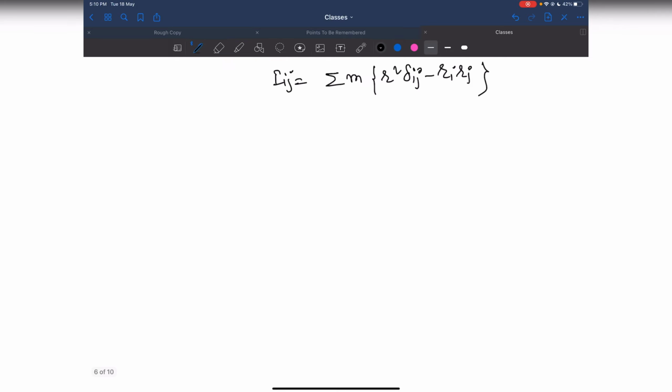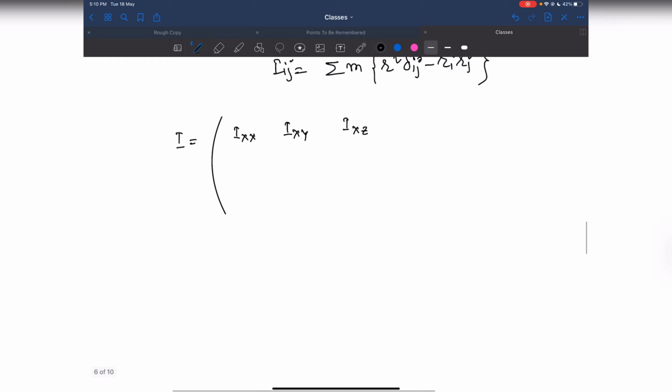We'll write the moment of inertia tensor. It is given by I, where the first row is Ixx, Ixy, Ixz. Similarly, the second row is Iyx, Iyy, Iyz, and the third row is Izx, Izy, and Izz.